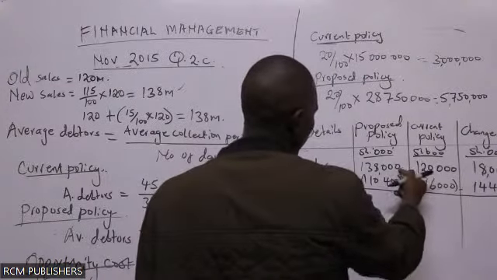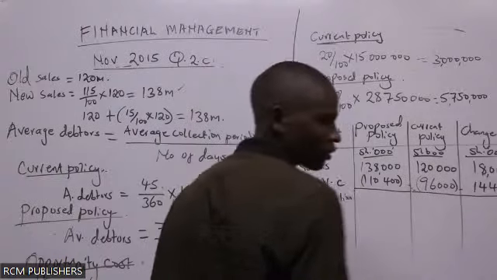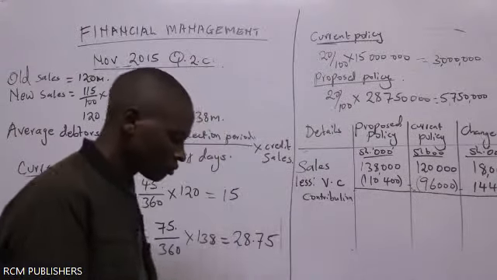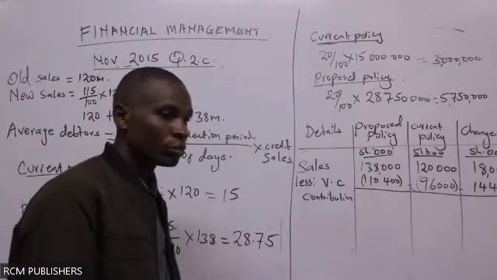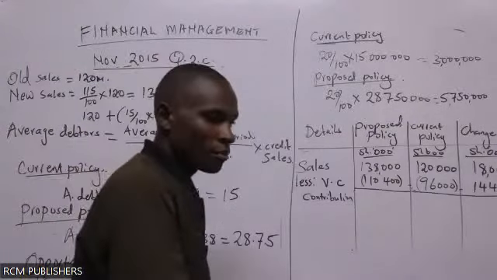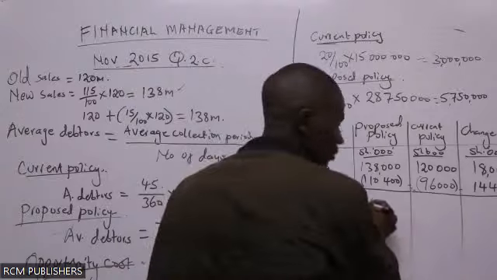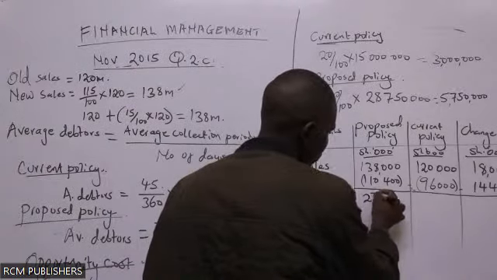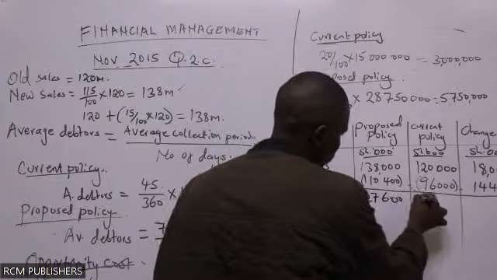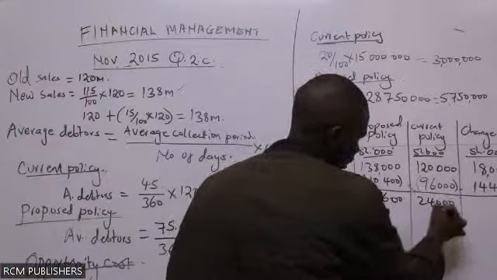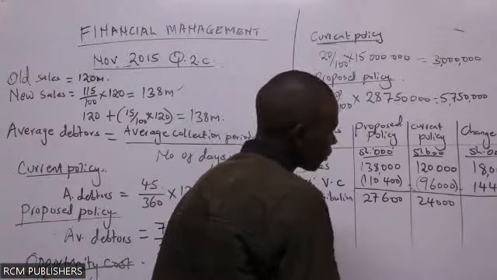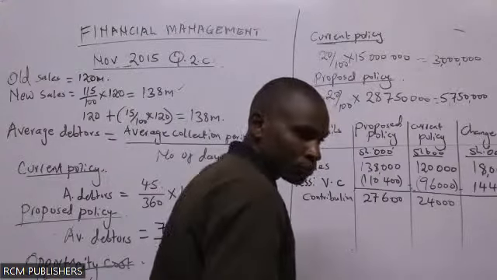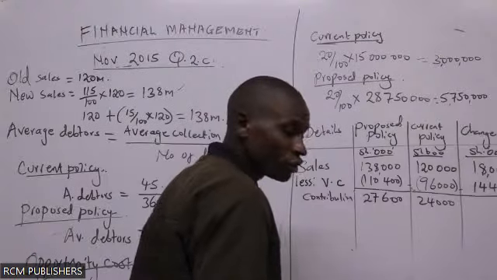You less. 138 minus 110,400. You get contribution. Patia. Here, 27,600 and 24,000. 3,600. I hope we are correct. Then give me the change.